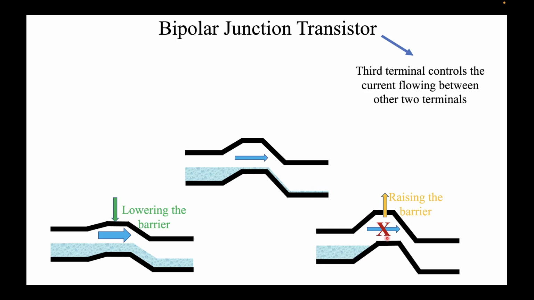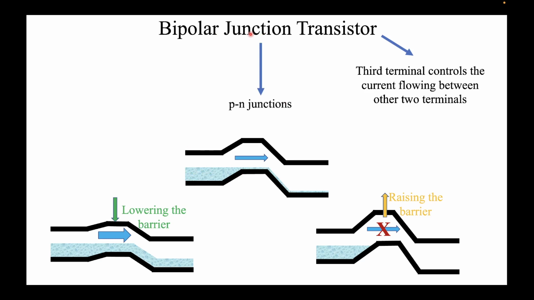However, if I were to artificially raise the barrier, with the same pipe dimensions and the same water level, the middle part is now above the water level, so clearly no water can flow. So just by changing the height of the middle barrier, I'm able to control how much water is flowing, or whether the water is flowing or not. That's what a transistor does. By controlling the middle level, it can control the flow of electrons from one terminal to the other.